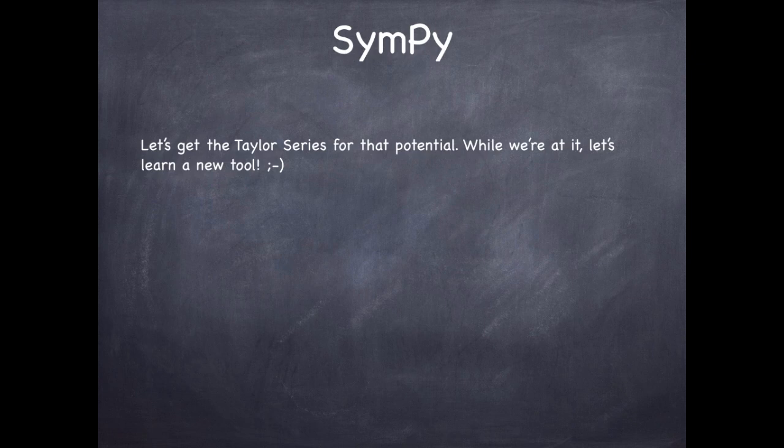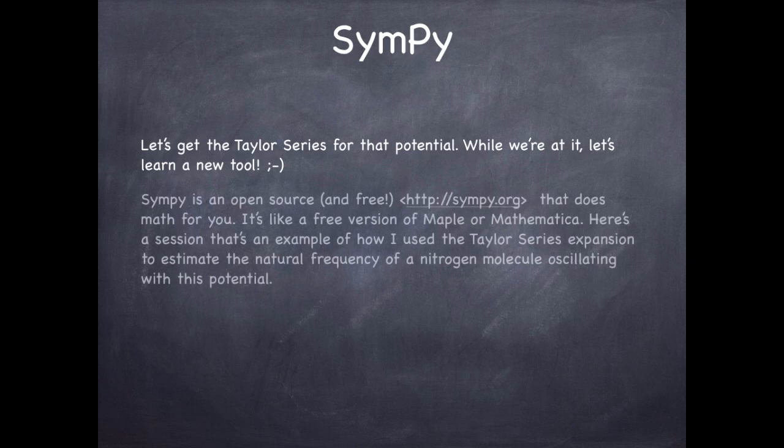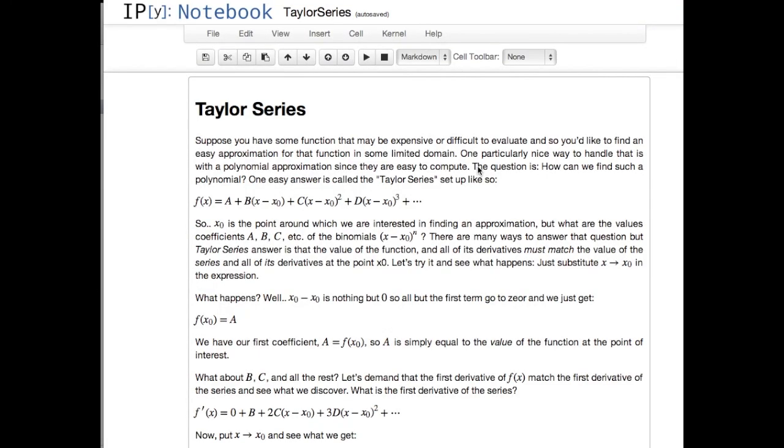So let's see if we can use SymPy to figure out the Taylor series expansion of this potential. I'm going to walk you through the notebook that I've prepared for this project, and we'll see how it works. Okay, so here is the notebook I've posted on ACE for you guys.